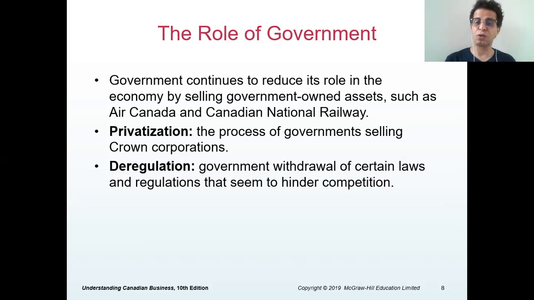We also have deregulation, which is the government's withdrawal of certain laws, like protections, high fees and tariffs, and regulations that seem to hinder competition and a better market.